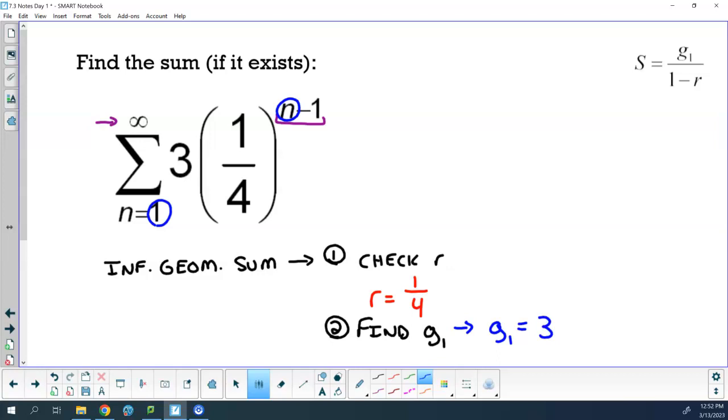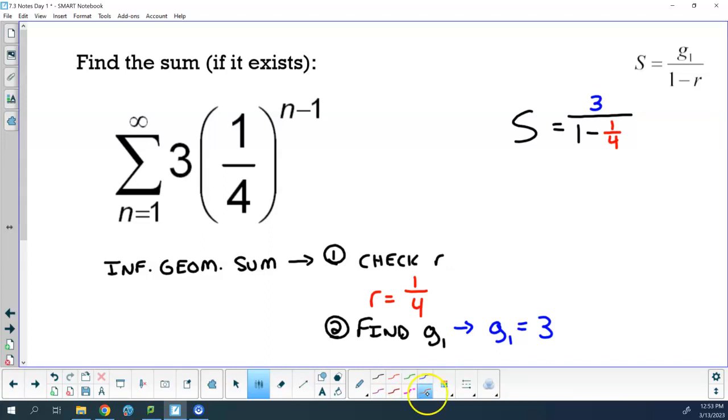So my first term is 3. I know my R value, so I can go right to my sum. I don't need a term number because it's an infinite amount of terms. The sum is going to be my first term, 3, all over 1 minus my R value, 1/4.